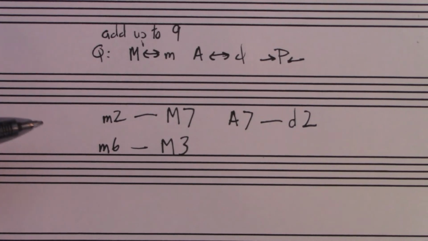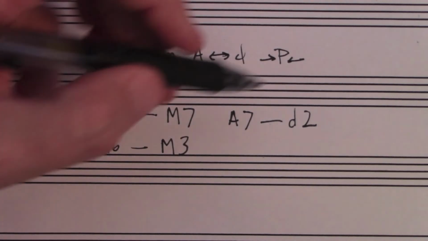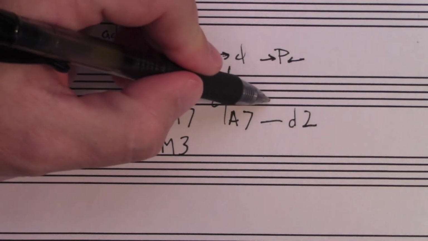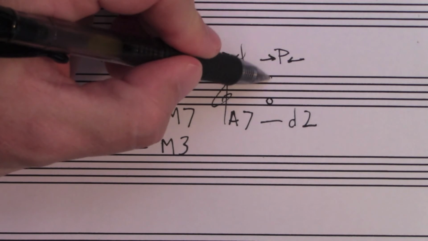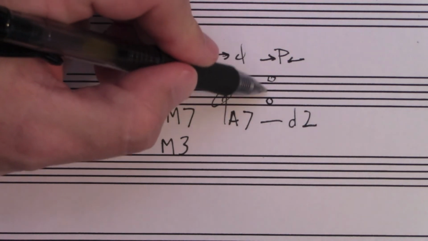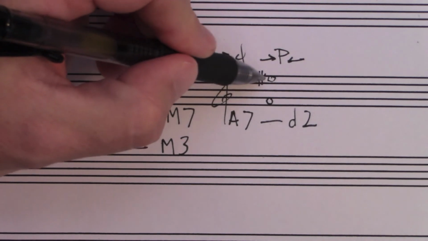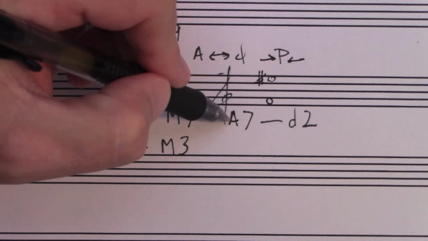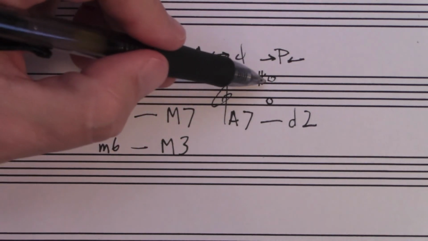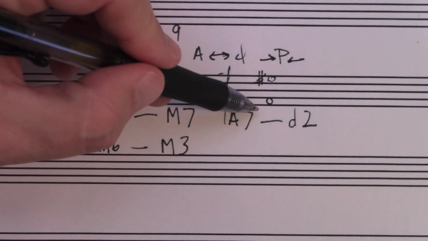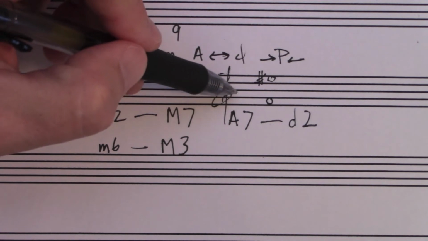Surely, you say to yourself, that can't be true. Well, let's see. F to E is a major seventh. If we sharp the E, we now have an augmented seventh. We basically have an octave here, but it is spelled as an augmented seventh.